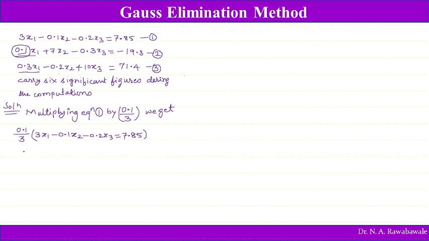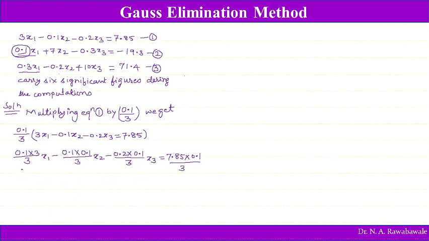After simplification, we get 0.1 into 3 divided by 3 x1 minus 0.1 into 0.1 divided by 3 x2 minus 0.2 into 0.1 divided by 3 x3, which is equal to 7.85 into 0.1 divided by 3.